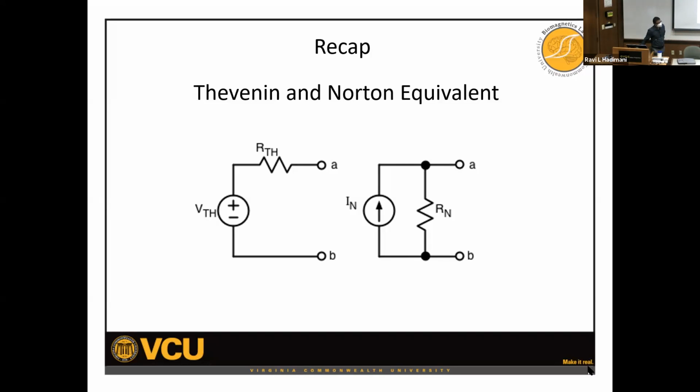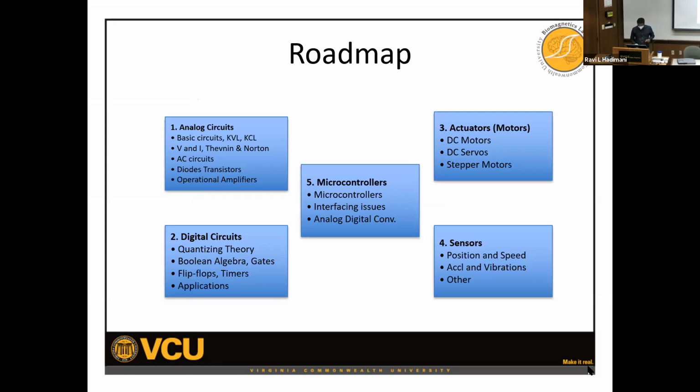So if the circuit gets really complex, then one way to simplify and represent it in a simple circuit is by using Thevenin and Norton equivalent circuits, okay? Any questions with that? Right? So that was all about DC components with simple to slightly complex circuits, okay?